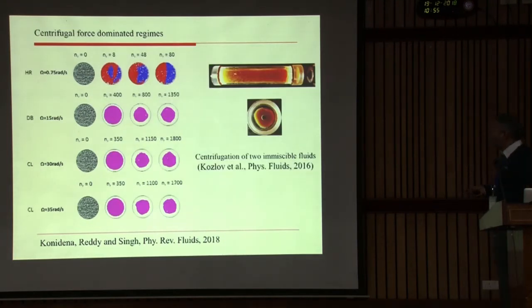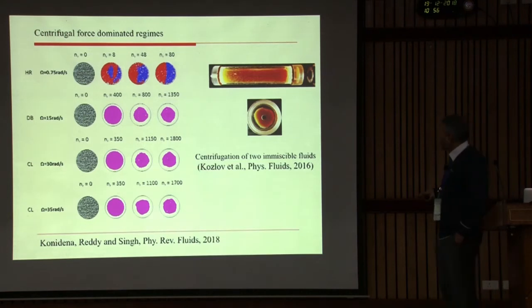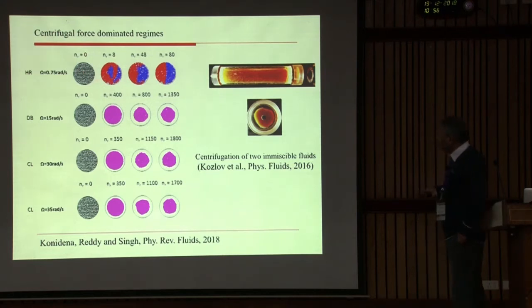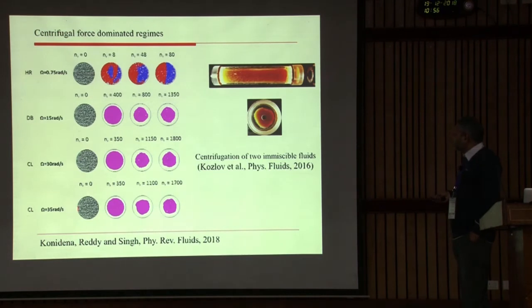What is interesting is that in the centrifugal force dominated regime, when the centrifugal force finally takes over and the particles go to the center, the core they form is not very symmetric. You can see the asymmetry. It's because the particles which initially started from a homogeneous distribution do not reach the center at the same time. Because of the random perturbation in the radial distribution, you finally have asymmetry.